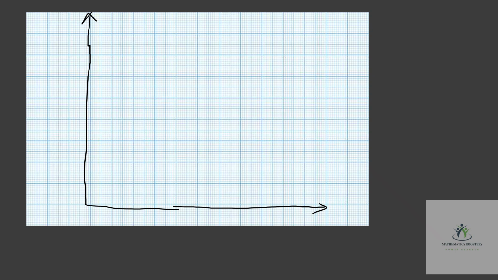What you will represent on the x-axis? This is the x-axis. Here I am representing vegetable. Here, number of classmates.